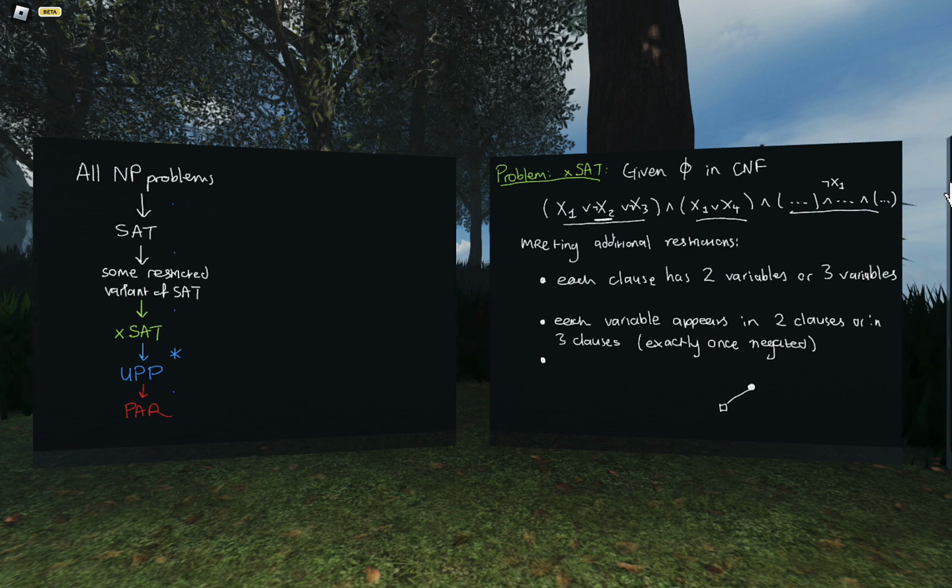All of the nodes are going to have either degree 2 or degree 3. Also, if you were to give some of these edges a sign, there's going to be structure to that as well. The final constraint is a restriction that is best phrased in terms of the graph itself, and that is that this graph, if you built it, is going to be a planar graph. The variable clause graph is planar.